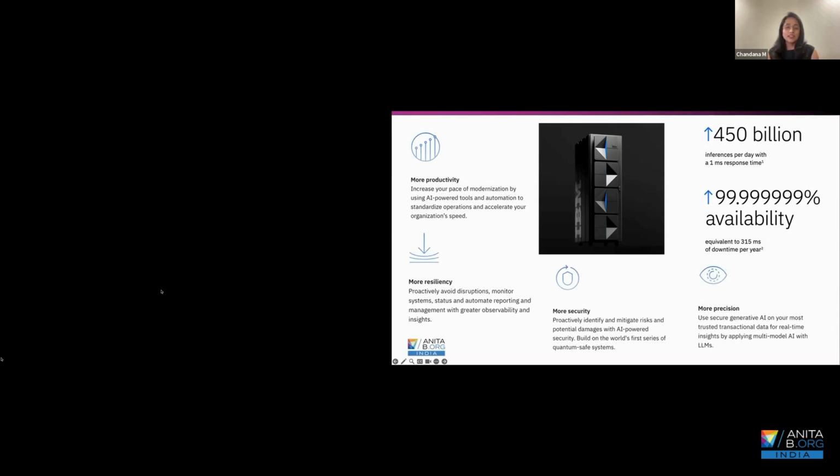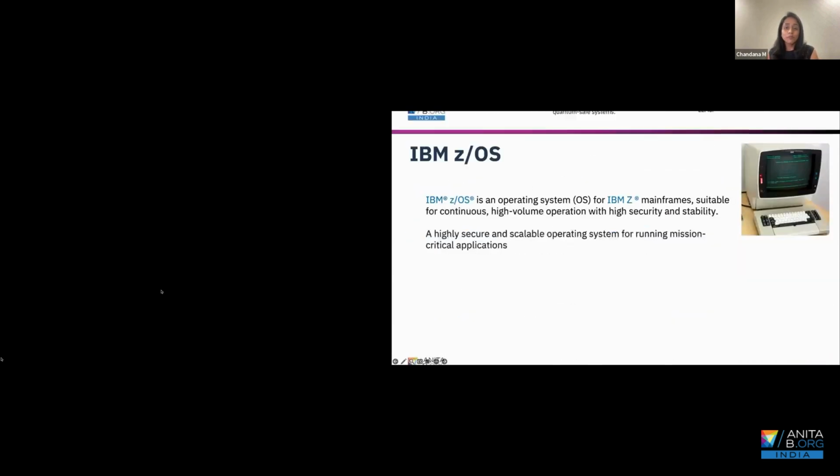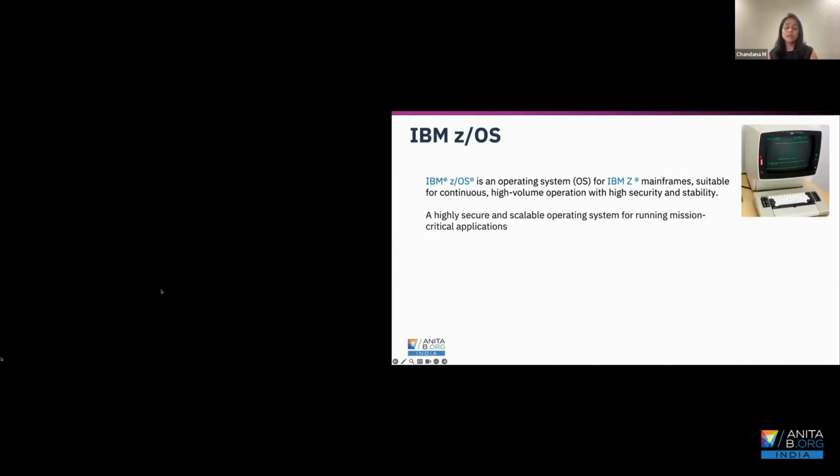So let's go further and talk about IBM z/OS. As we've seen about the mainframe, at the heart of the mainframe is IBM z/OS. IBM z/OS has high performance and it unlocks IBM Z's full power. It is a highly secure and scalable OS that runs very critical applications of global businesses. It is AI infused, it has cyber resiliency, and it has seamless application modernization.